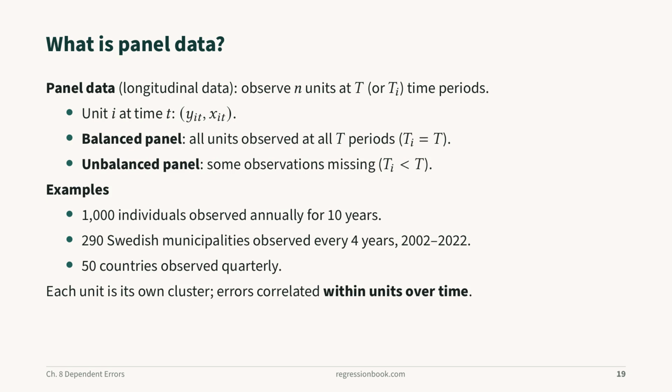Panel data observes n units at multiple time points, balanced if every unit appears in every period, unbalanced otherwise. The examples set the scale: 1,000 individuals over 10 years, the Swedish municipalities every 4th year across 2 decades, 50 countries quarterly. And the connection to everything so far: each unit is its own cluster, errors correlated within units over time.